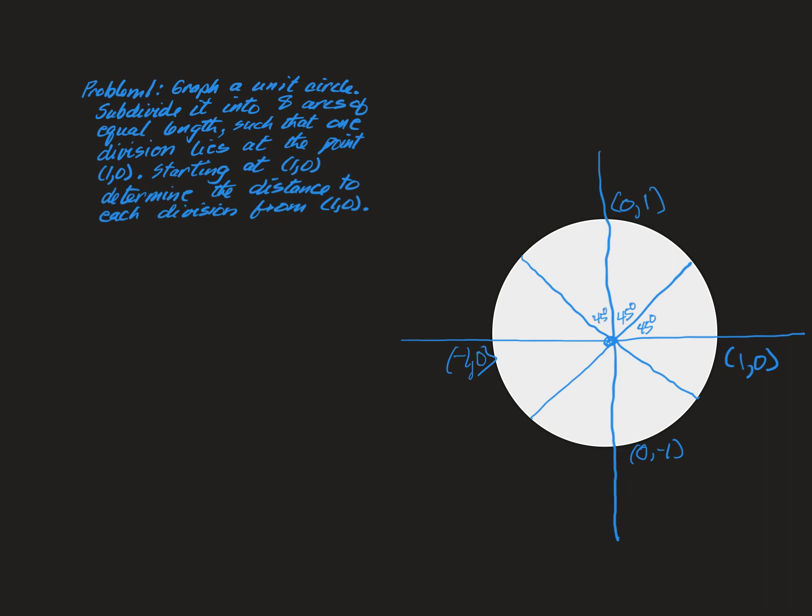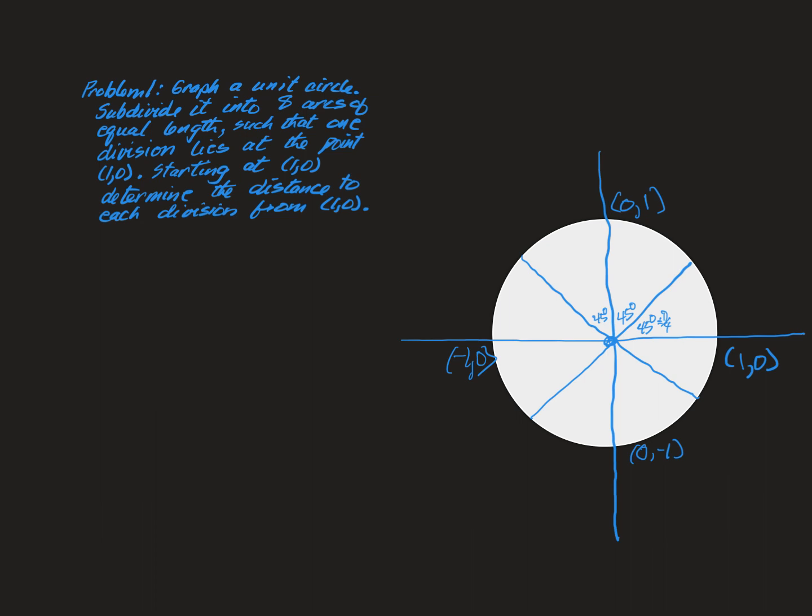I would also have the idea that each of these, instead of being 45, could be what we called pi over 4 radians, right? We could say that as well.